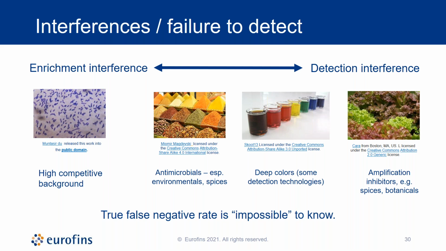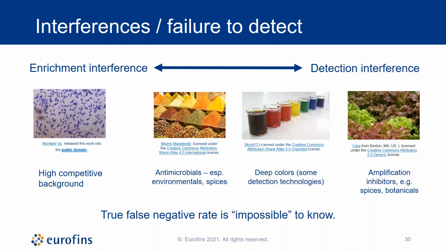Antimicrobials that may be present, for example as a sanitizer on an environmental swab, or as a component of a food material like a spice, can also reduce the rate of growth in the enrichment. Then on the right-hand side of the slide, we have things that can interfere at the detection level.